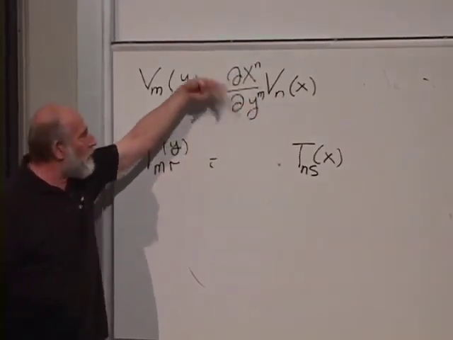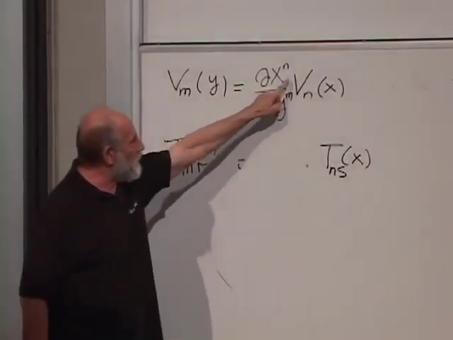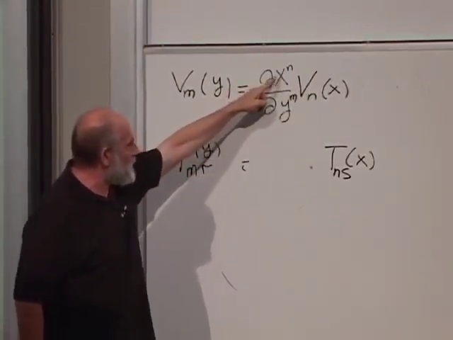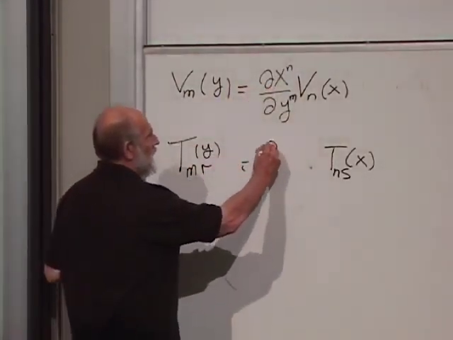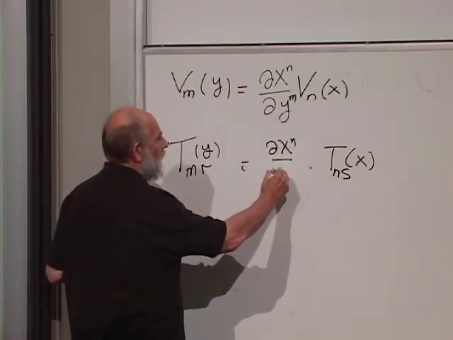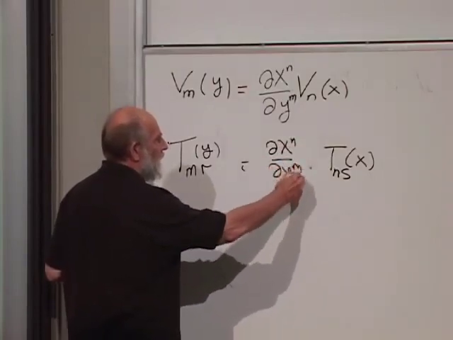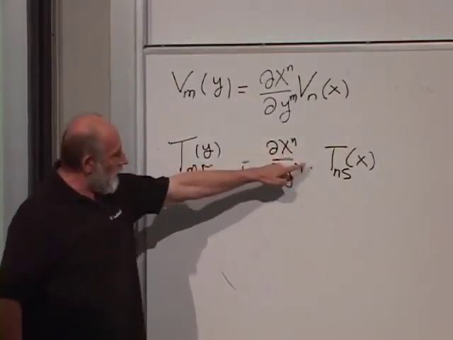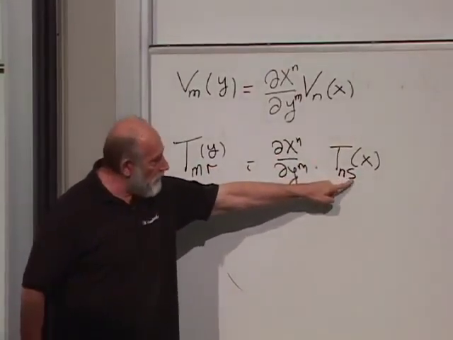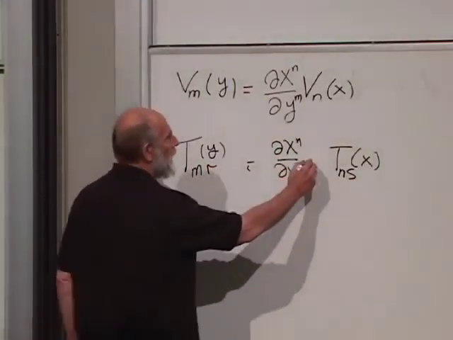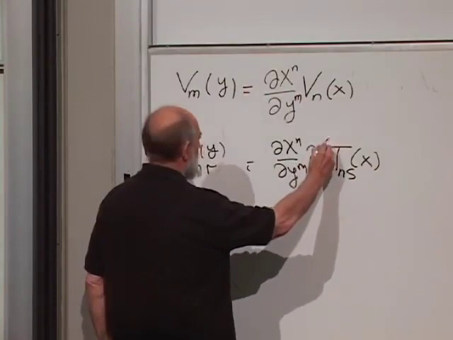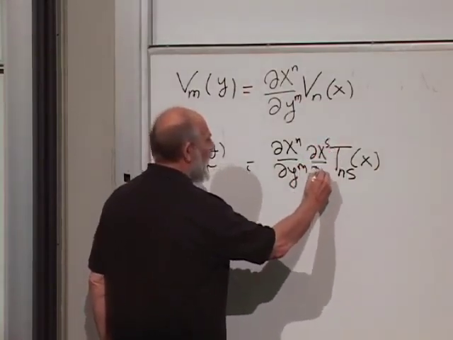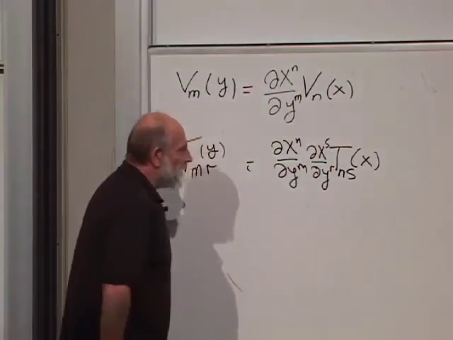This is an operation which takes us from an n index to an m index. We do exactly that, dxn by dym. But that works on the first index here. We also need to work on the second index, and that's dxs by dyr.